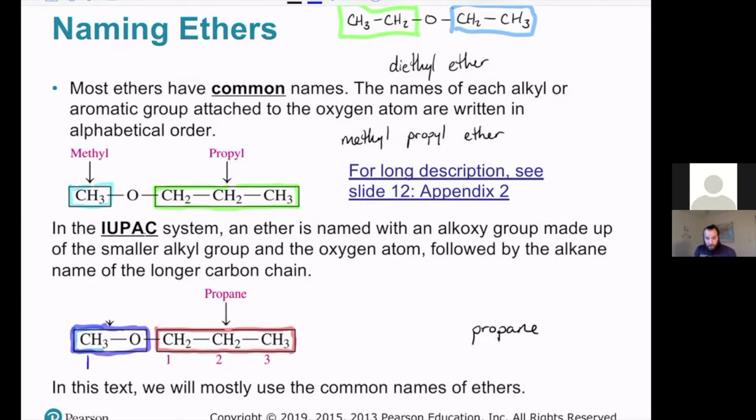So notice that it's going to be located at position 1. And then what we call this type of group is methoxy. So meth, because it has 1 carbon, and the oxy, meaning that it has that oxygen from the ether. So this would be 1-methoxypropane.